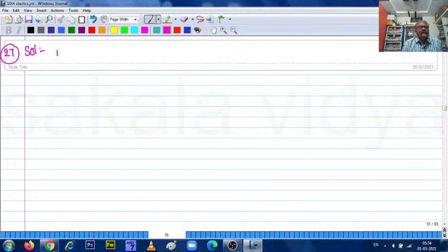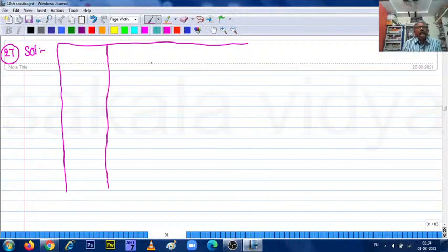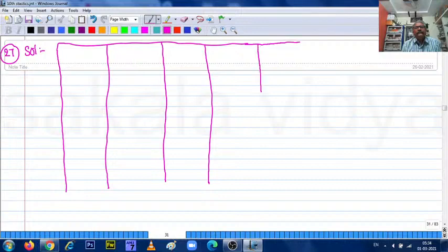First the class interval you need to write. So class interval, frequency, mid value, di and fi di.